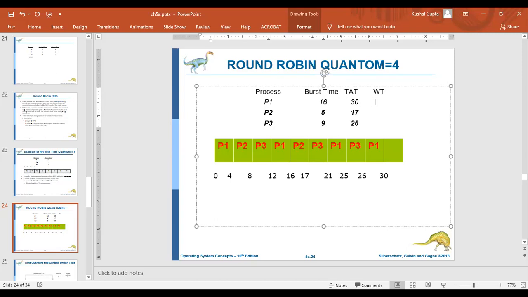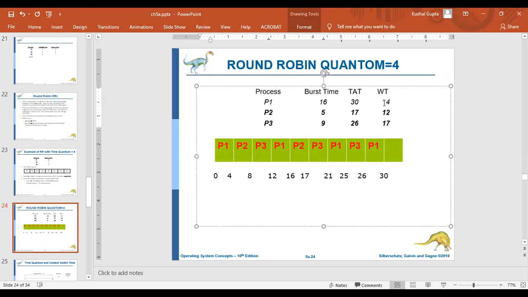Now waiting time. Waiting time you can calculate directly: turnaround time minus burst time. 30 minus 16, that is 14, is the waiting time for P1. 17 minus 5, 12 is the waiting time for P2. 26 minus 9, 17 is the waiting time for P3.